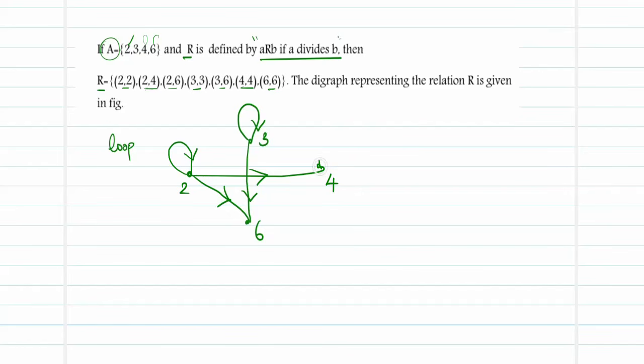Next I have 4 to 4, yes, a loop. And then I have a loop from 6 to 6. This pictorial representation of the relation A divides B defined on the set A = {2, 3, 4, 6} is called the digraph representing the relation R.